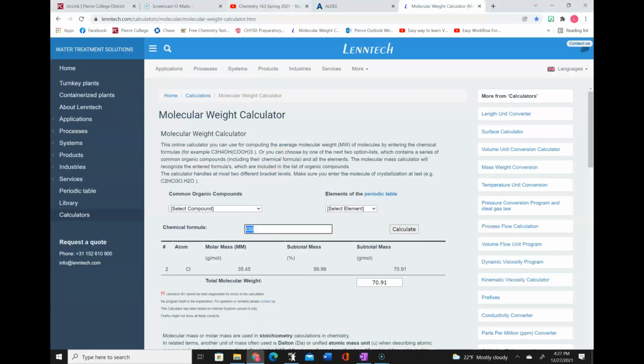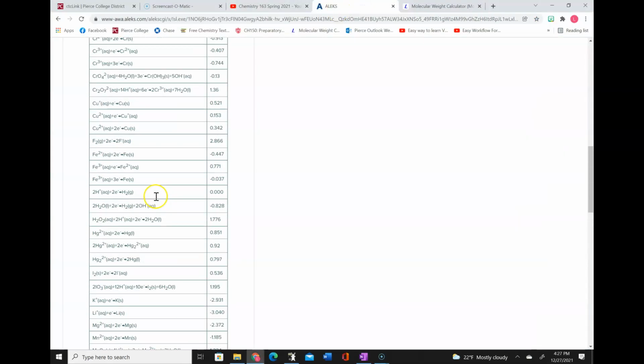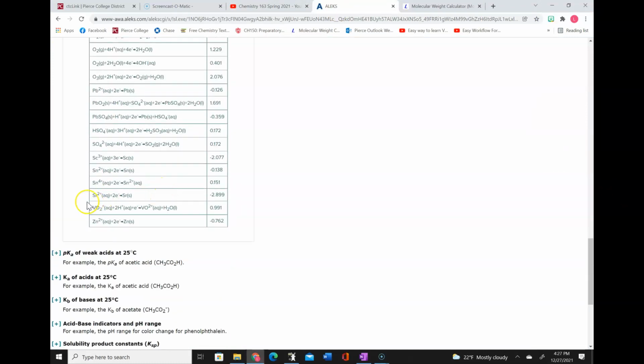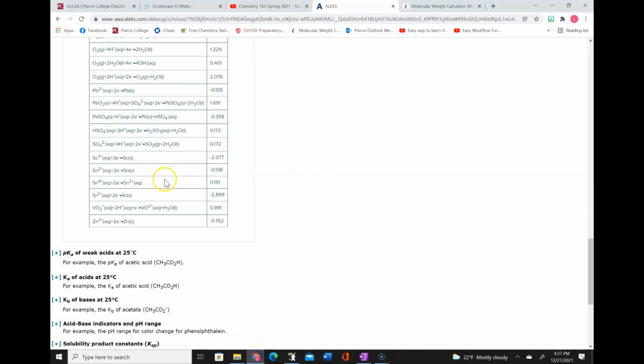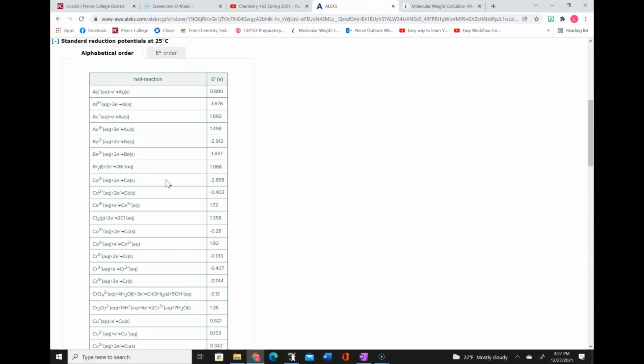So let's go into our data section and find tin first. Tin 2+, yep, that one there, minus 0.138. And then barium 2+, it's going to be near the top, isn't it?